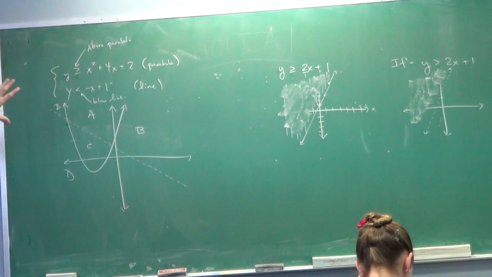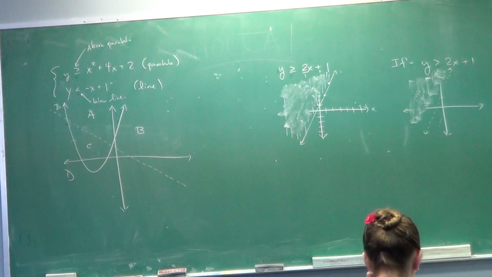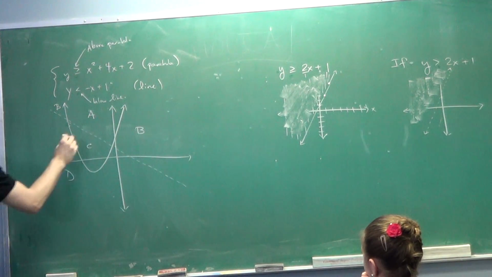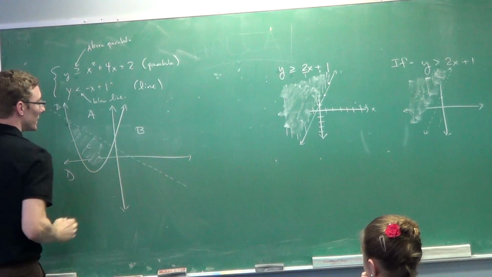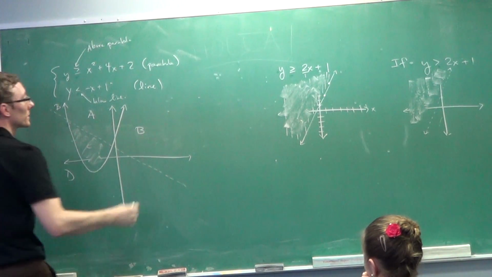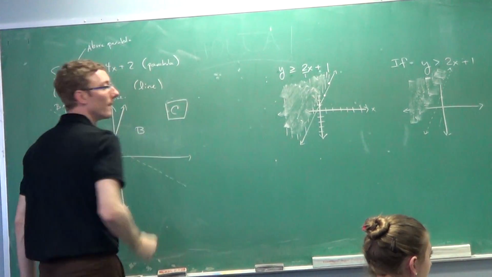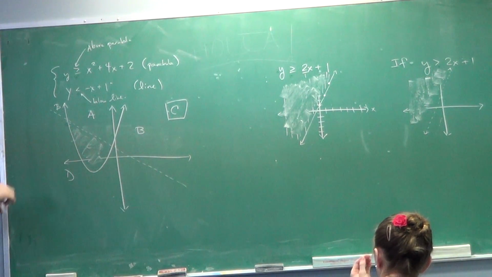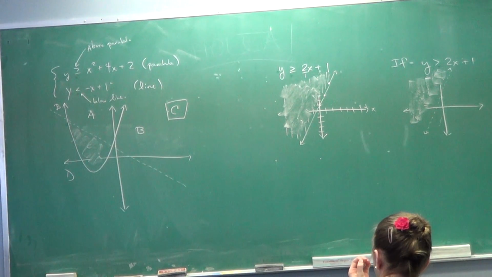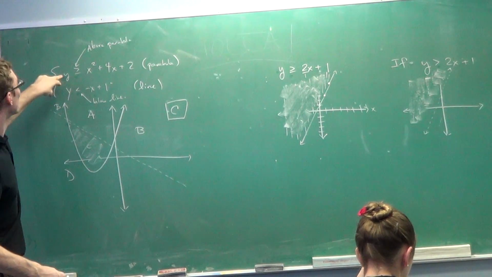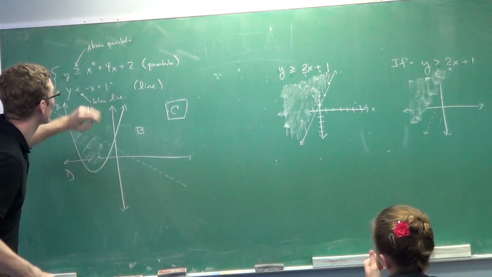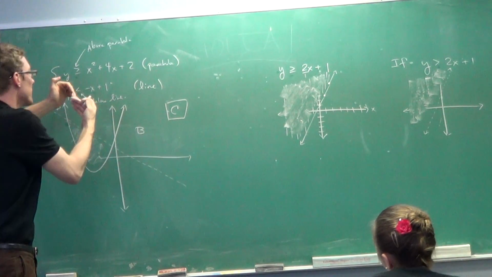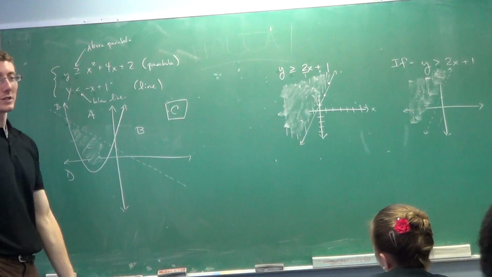So is there anywhere on that picture where I am above the parabola and below the line? Sure. So guess what your answer is in these problems? One letter. Sometimes it could take two letters, because there might be two regions that need to be shaded. But in this case, our y's are bigger than the parabola, which means we're above the parabola, and our y's are less than the line, which means our y's are smaller, and we're in region C.